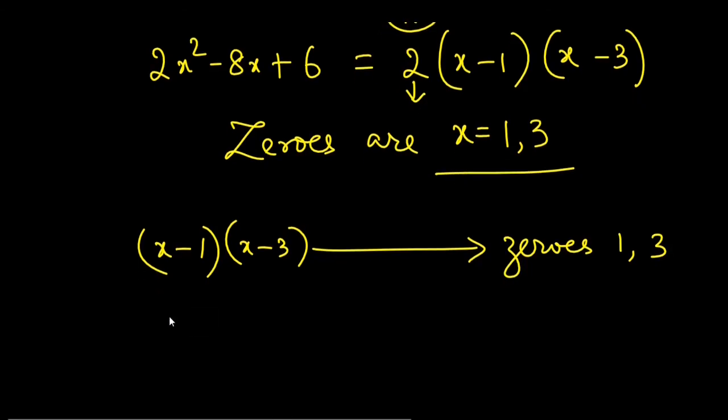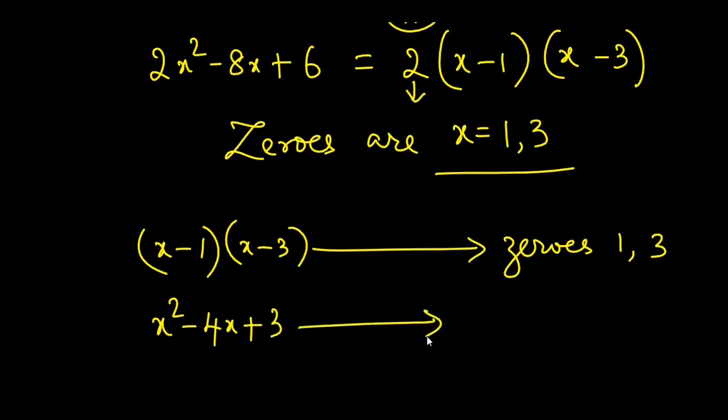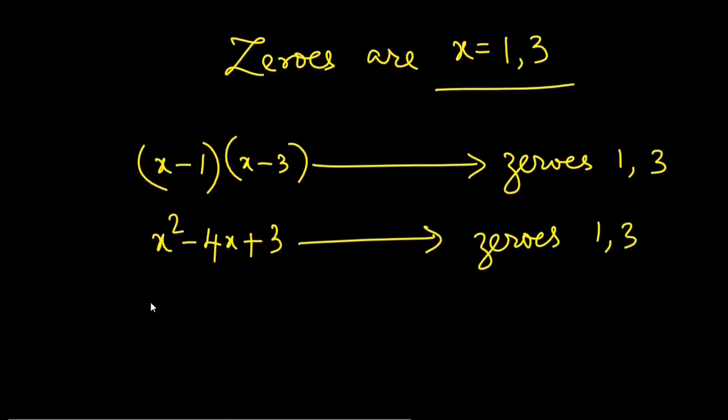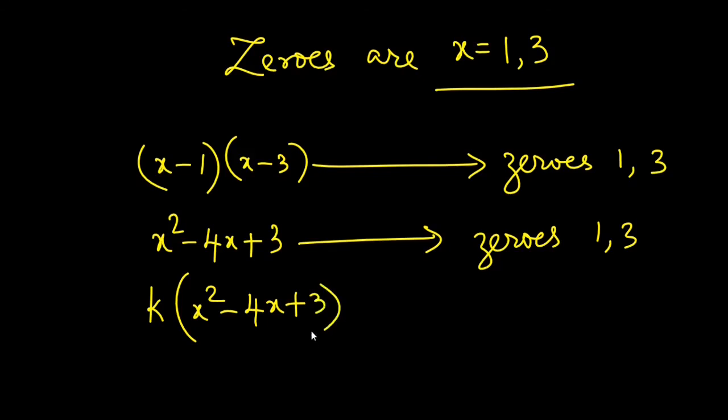That means, see, x square minus 4x plus 3 has zeros 1 and 3. Any polynomial in this form, some k times x square minus 4x plus 3, will have the same zeros 1, 3.